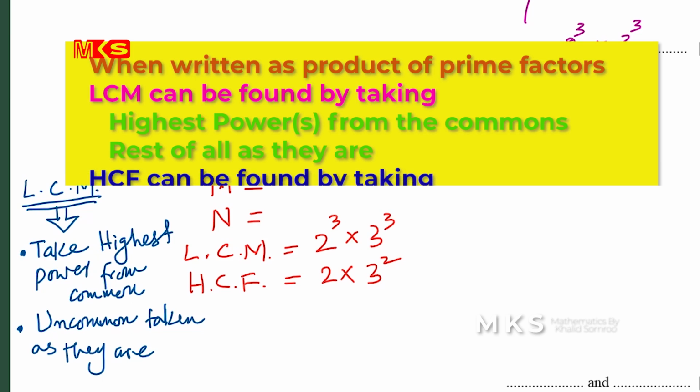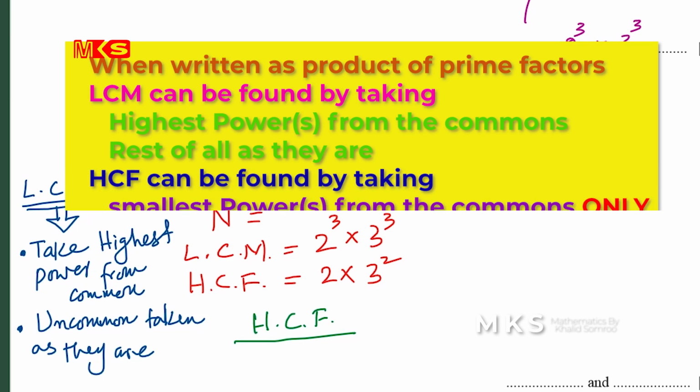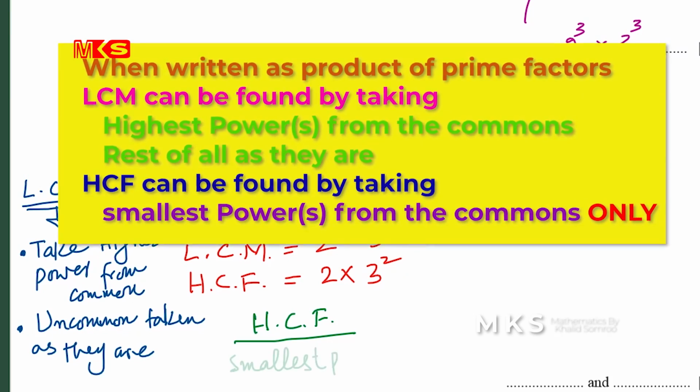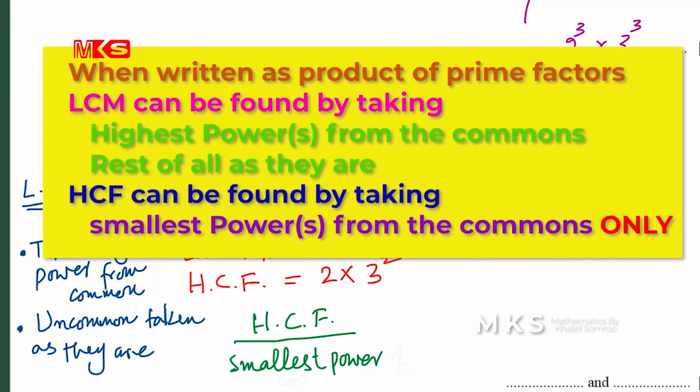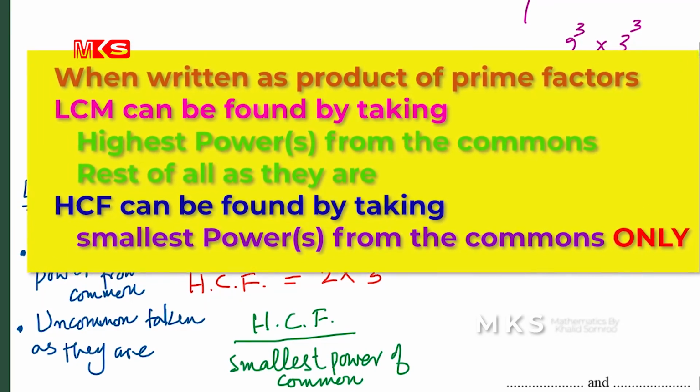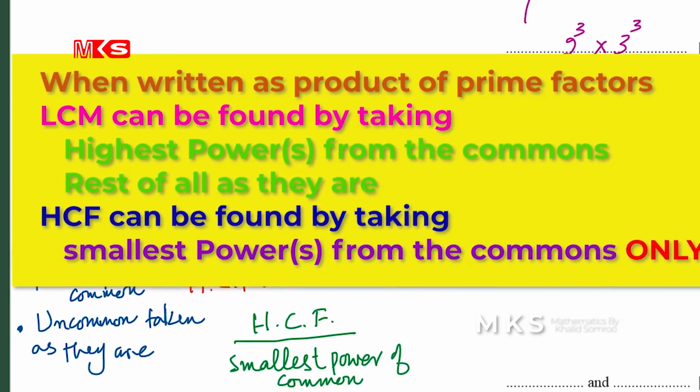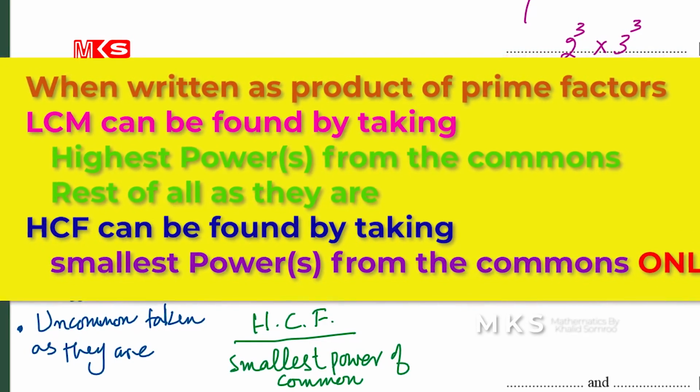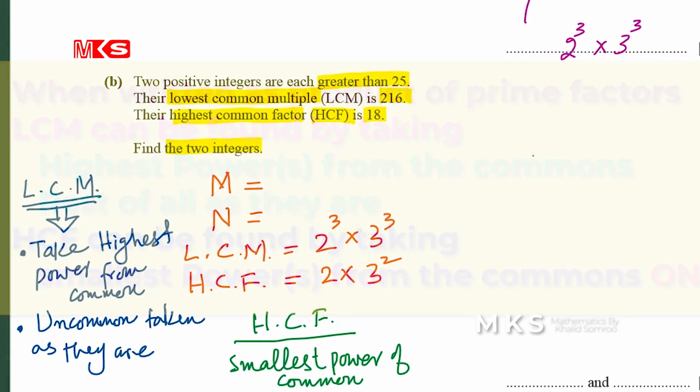In case of HCF, we take only the common ones, and we take the smallest power of the common. So m and n, from looking at the LCM and HCF, we can see only 2's and 3's, so only 2 and 3 prime numbers could be used.